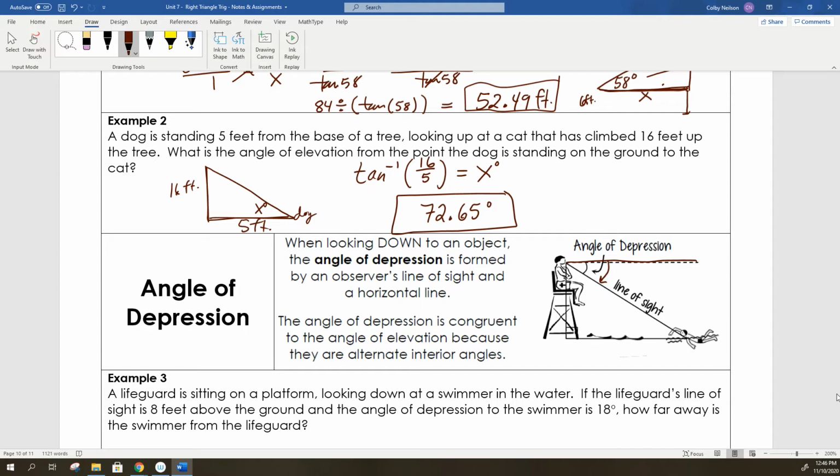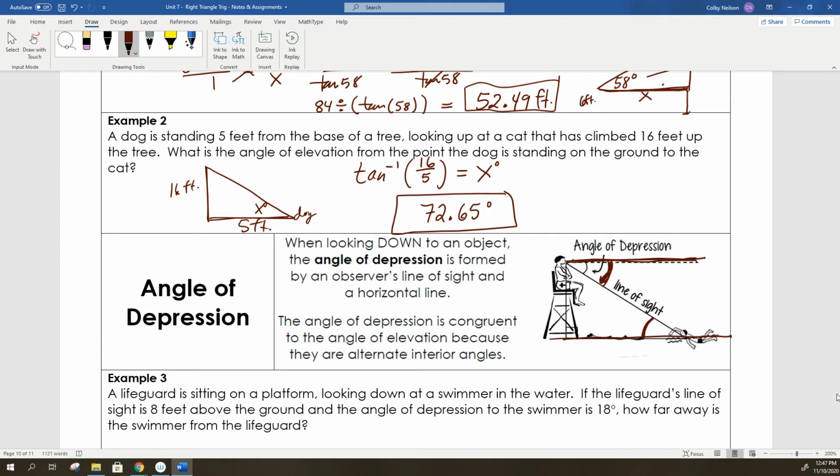Okay? Now, here's what we do. With angle of depression, if we say this horizontal line of sight and the ground or the water were parallel lines, this angle of depression here would be the same as this angle of elevation from down there that's inside the triangle, because those would be alternate interior angles if these two lines were parallel.